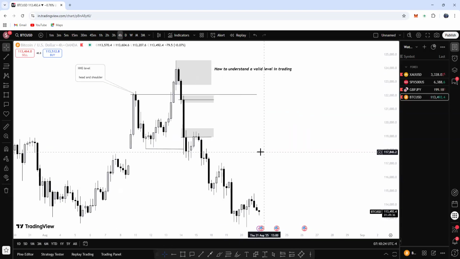That's the meaning of HNS level. I've said that before.